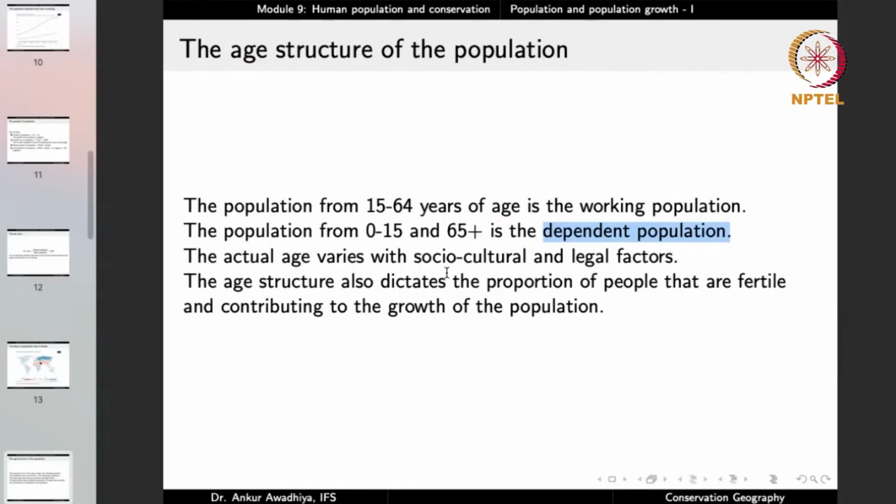The actual age varies with socio-cultural and legal factors, and the age structure also dictates the proportion of people that are fertile and are contributing to the growth of the population. So basically, these people, 15 to 64 years of age, or roughly say 15 to 50 years of age, are the ones that are contributing to the population growth as well.